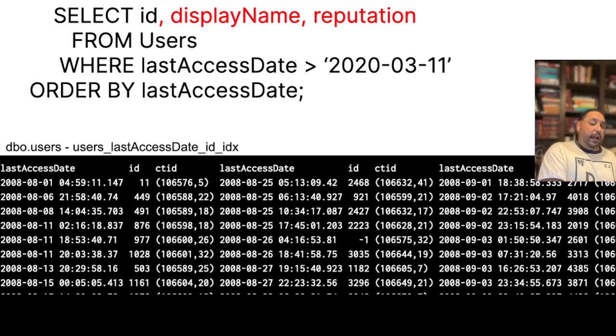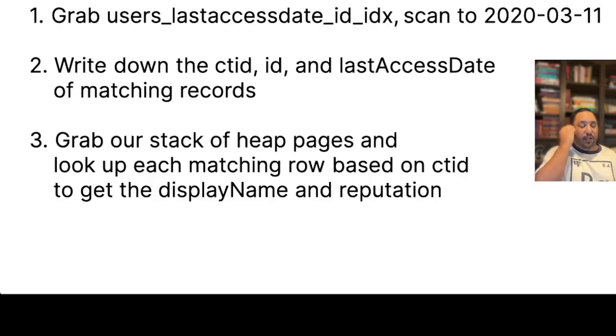We know we are going to have to go to the heap, though, right? Like, we do understand that. So one execution plan you might come up with is you would grab the last access date ID index, and thinking back to our little post-it note work, we'll just write down the CTID, the ID, and the last access date for all the rows that match our March 11th, 2020 date condition.